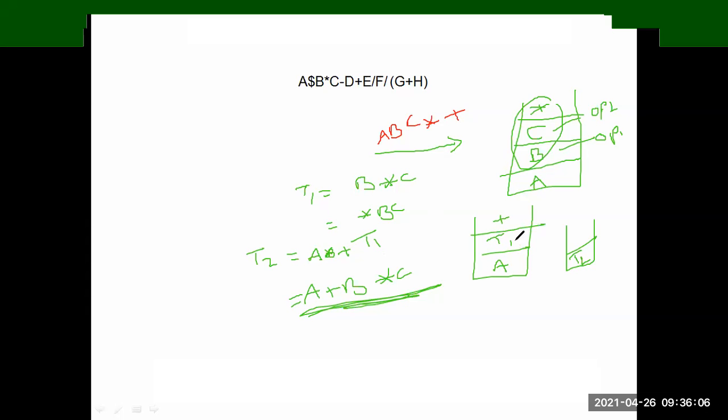See another example here. Just to practice this example, just do it on your own. A B plus E F star multiplication.